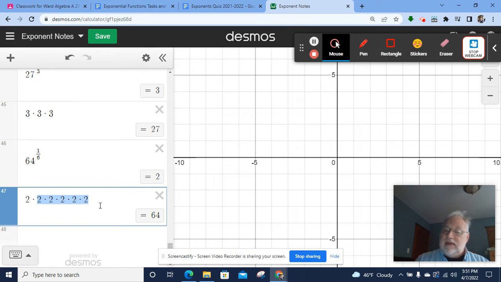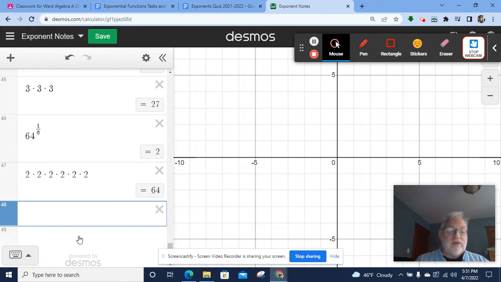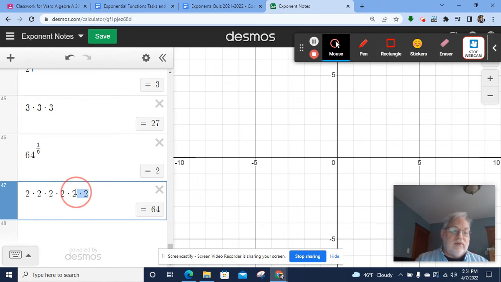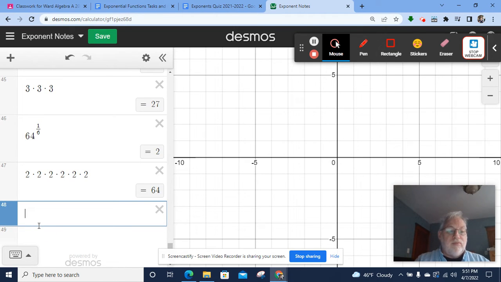In the addition way of thinking, it would be 10. But this is not 2 plus 2 plus 2 plus 2 plus 2. This is 2 times 2 times 2 times 2 times 2. Oops, that was not what I thought it was. I'll try that again. So I'm going to copy this, and I'm going to put 5 factors of 2, and I get 32.